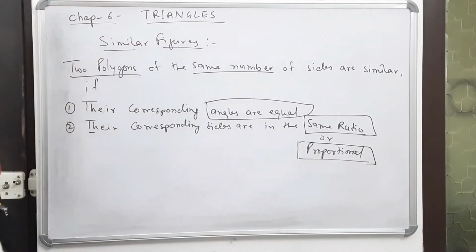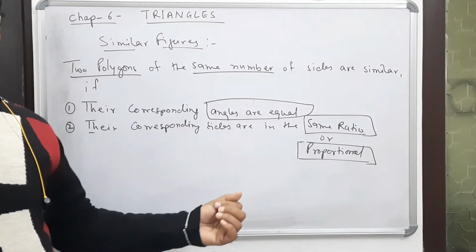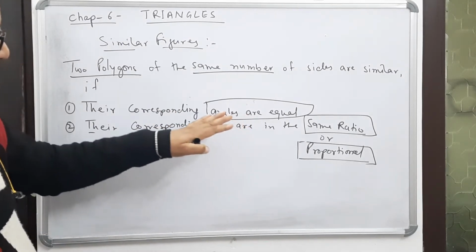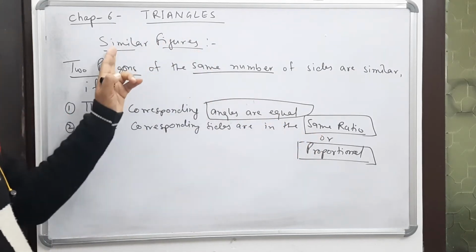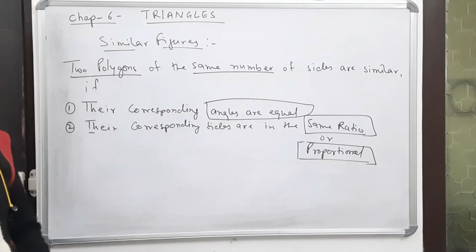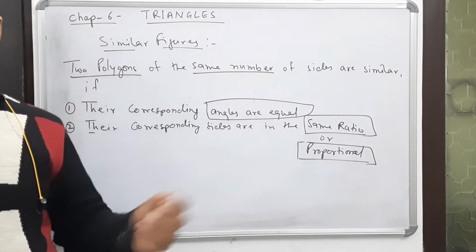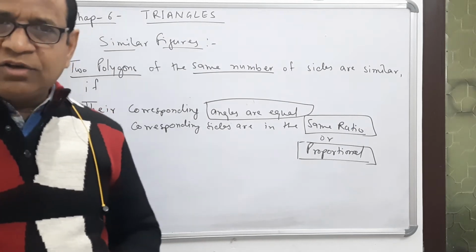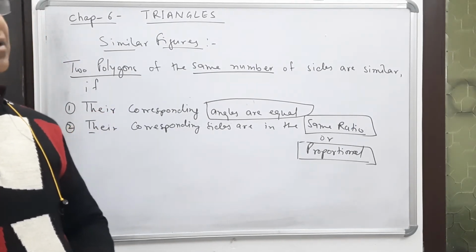All the figures which have equal angles and proportional sides will be similar figures, and if it is a polygon, it is a similar polygon. I am giving you the example of similar figures, as I told you, when we get the reduced or enlarged photocopy.